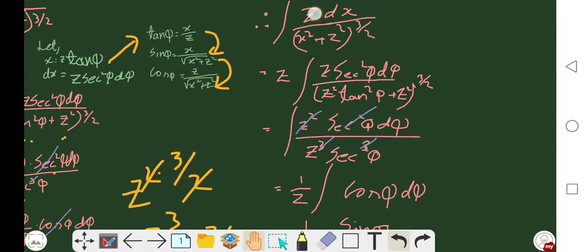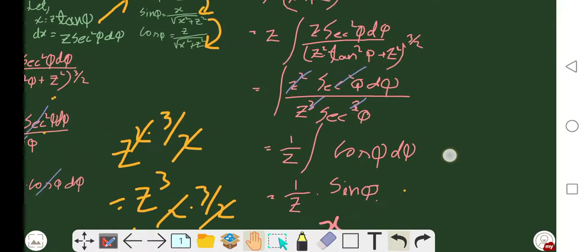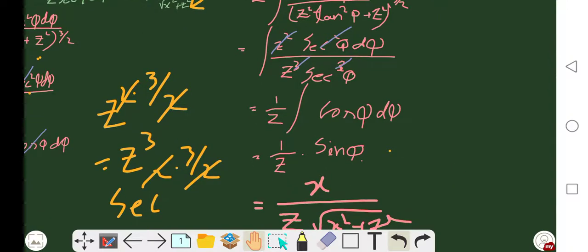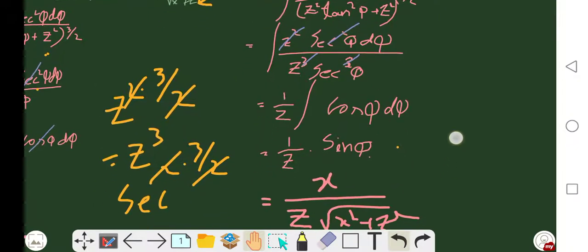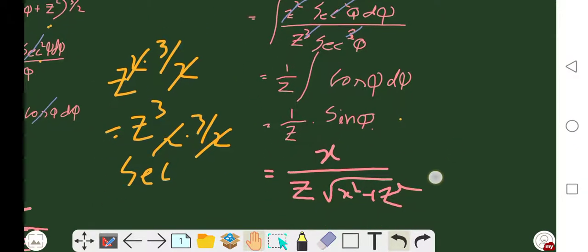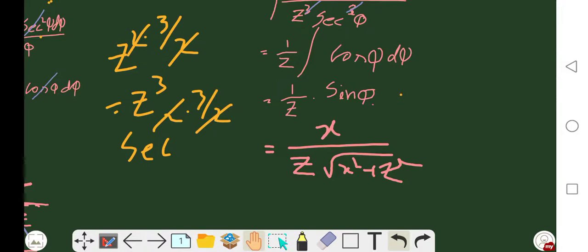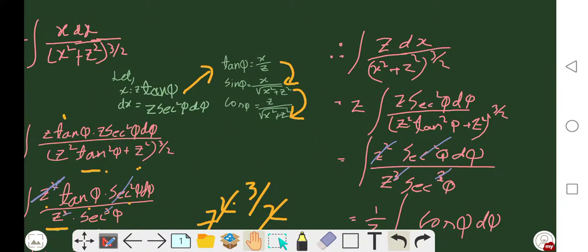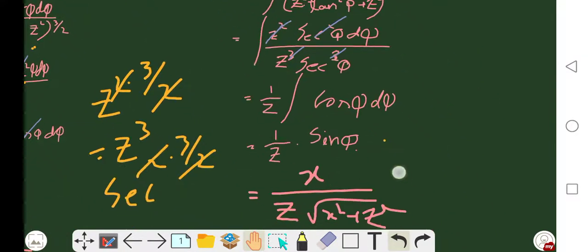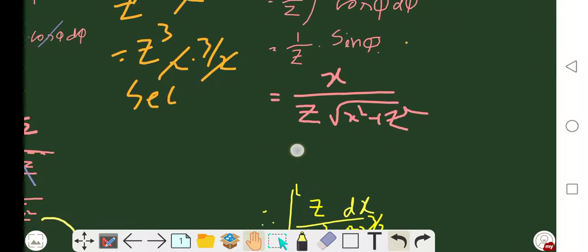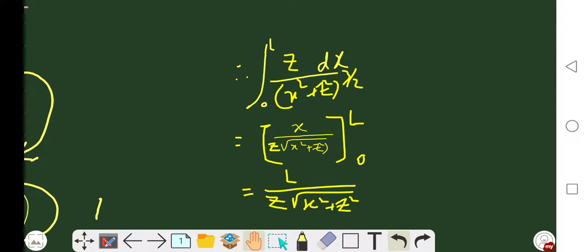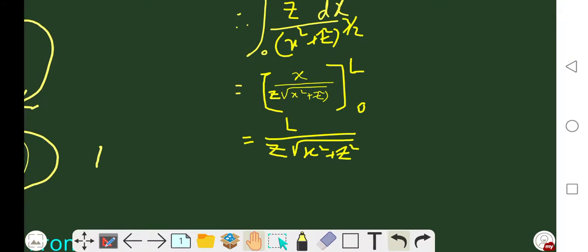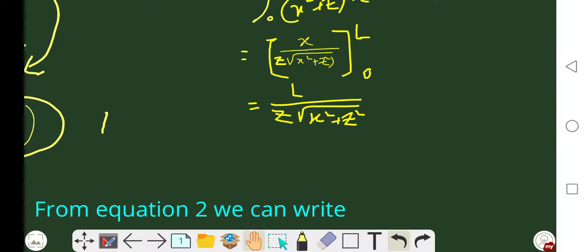We make this z out here, and now we do the calculation again. Integration of cos phi is sin phi. From here again we can write the value of sin phi, and now I put the limit on it, 0 to L. After putting the limit, it's like this.